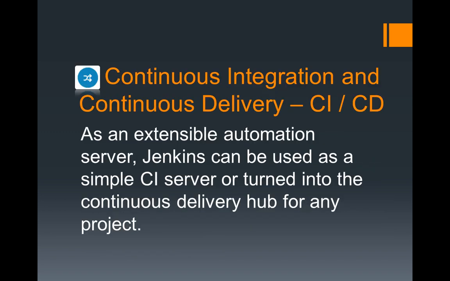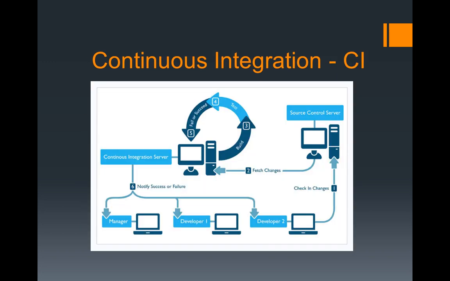The features are continuous integration and continuous delivery, and an extensible automation server. It can be used as a simple CI server or turned into the continuous delivery hub for any project.